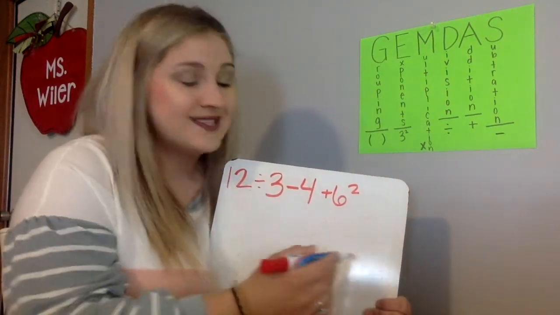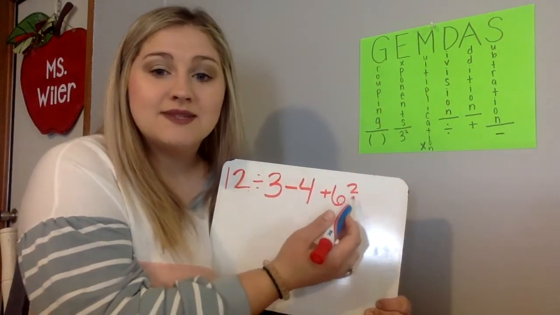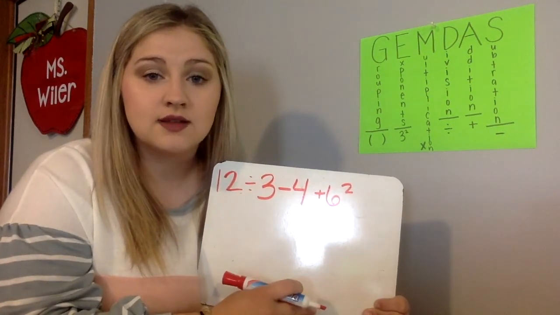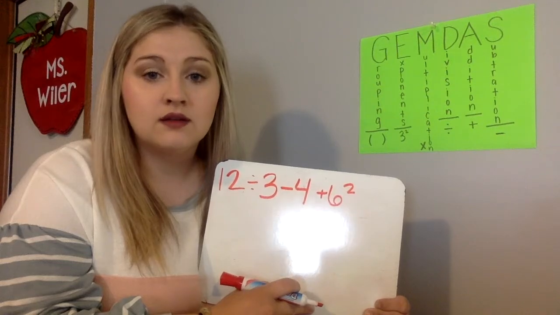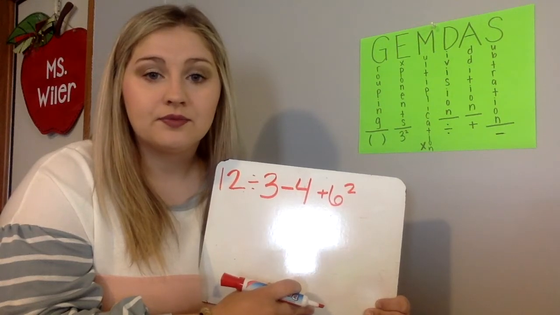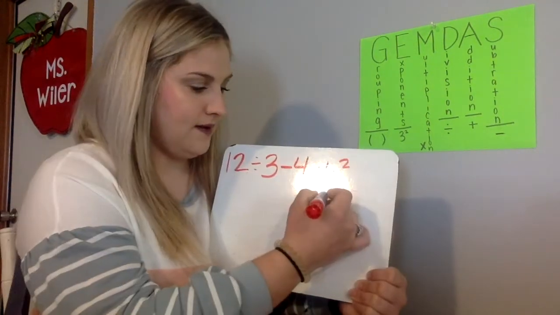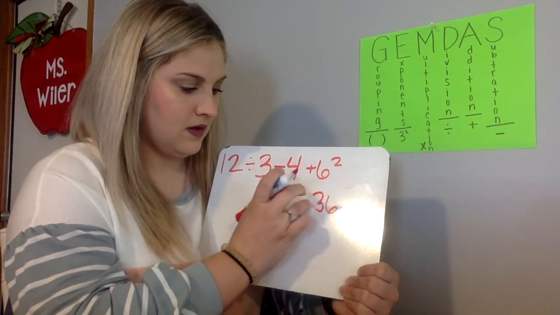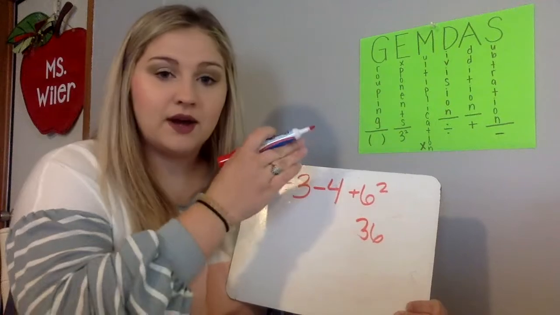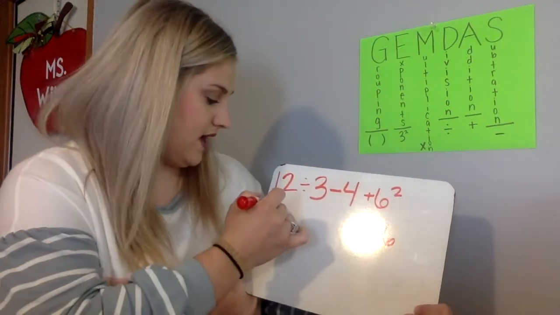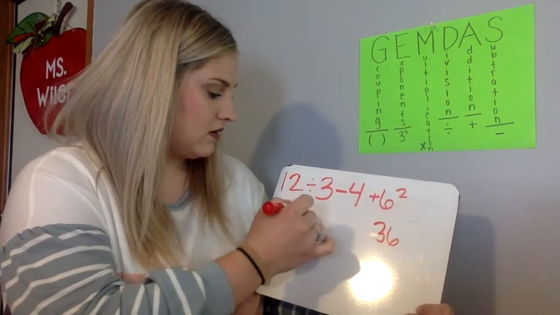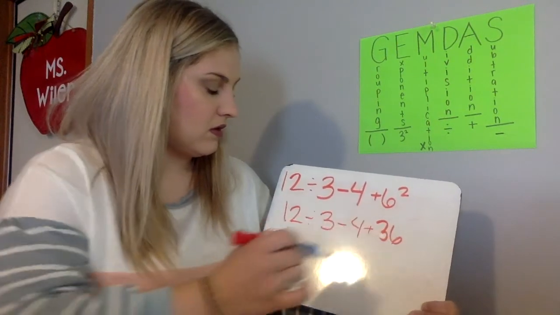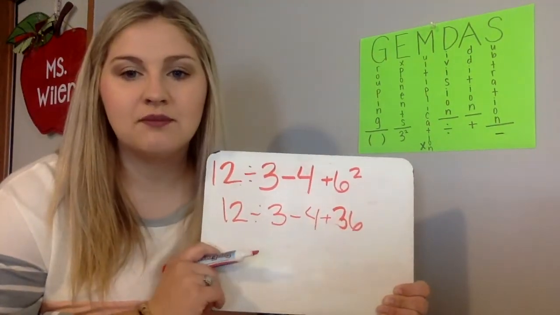So 6 times itself, 6 to the second power would be 6 times 6, and that would be 36. And we need to bring the rest of our problem down. Okay, we've got the rest of that brought down.